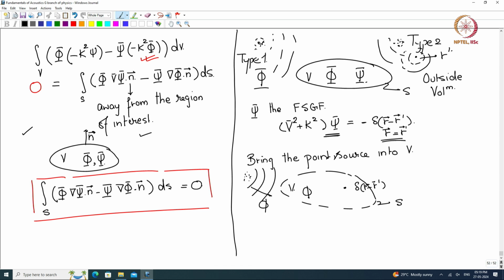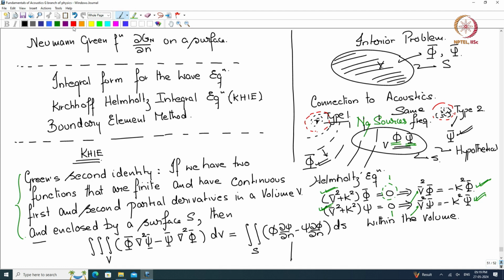So phi is still there and well behaved, that means second partial derivatives are continuous. But now psi is no more well behaved, because the source has come in, and psi is not valid at the source location. Psi blows up, it is not bounded. So psi is now not finite within the volume.